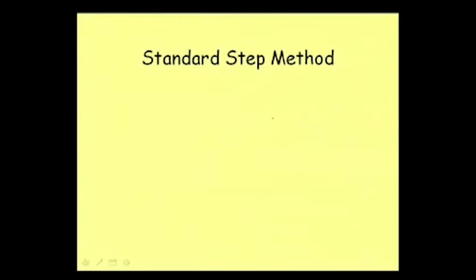Just to say about the very basic theory of this standard step method, now you can concentrate on the slide. We can write the energy equation between two sections, section 1 and section 2.